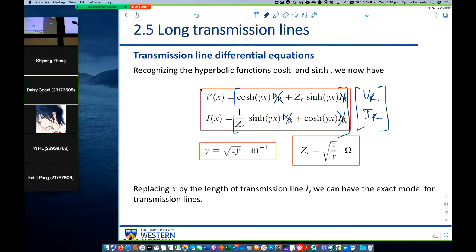A is cosh gamma x, B is ZC sinh gamma x, C is 1 on ZC sinh gamma x, and D is cosh gamma x.